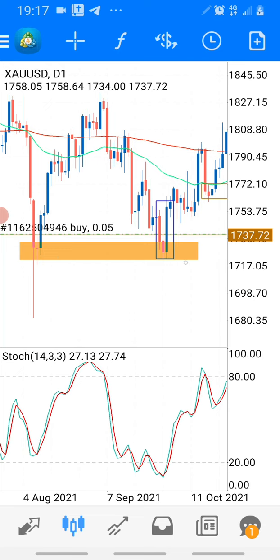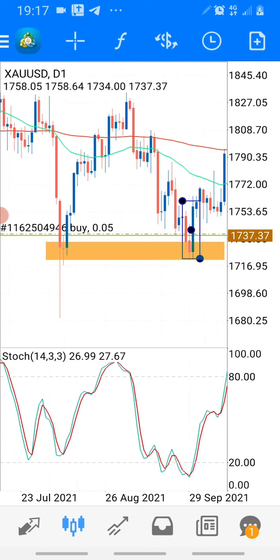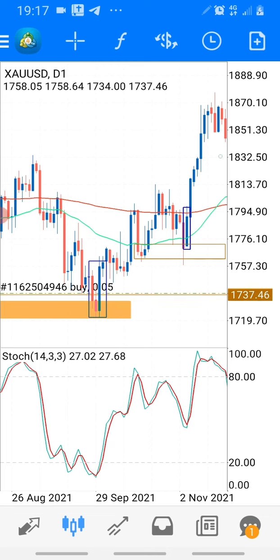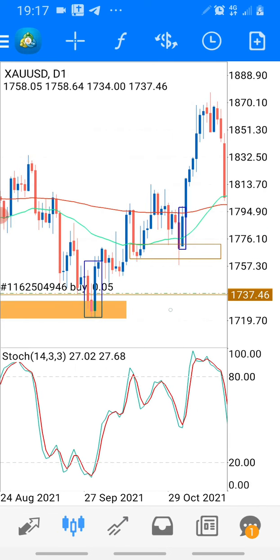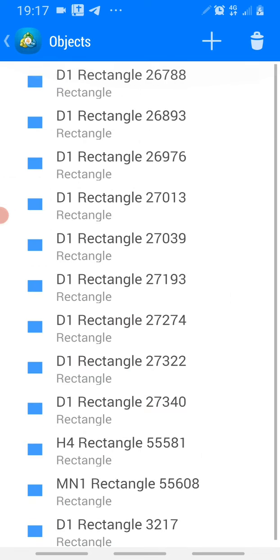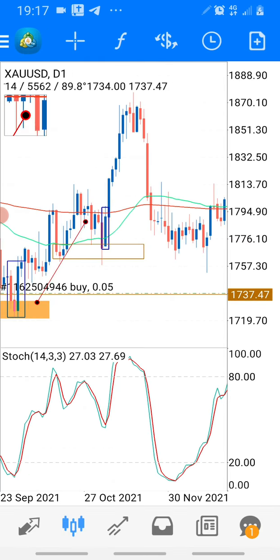You can equally call it a double bottom. After the formation of the first one here and the second one here, you can see the market formed an engulfing candle, and this made the market move a whole lot.